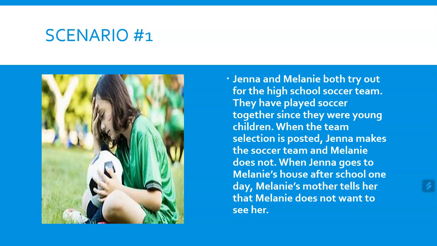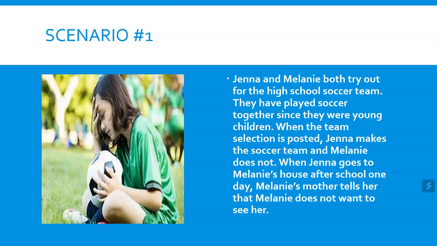Now, it looks like Jenna doesn't really have a conflict because she's on the good end of the stick, but Melanie is pretty sad. So I'm identifying how Melanie responded, and it looks like she retreated. She just wants to be left alone, and seeing Jenna might trigger the sadness of not making the team.